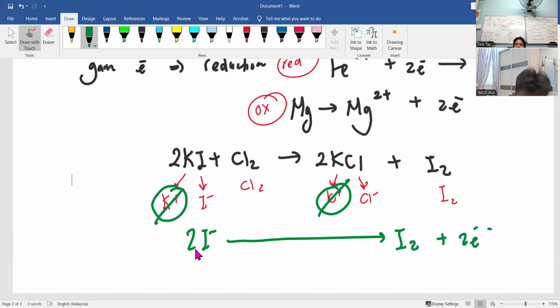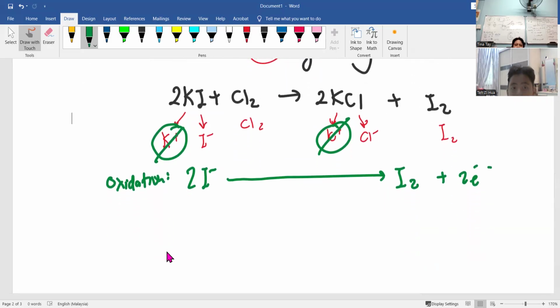Yeah, this is what happens. So is this oxidation or reduction? Oxidation. Okay. What kind of equation is this? Half equation. Get it? Although you cannot see the electron, you can see the electron after you do half equation.